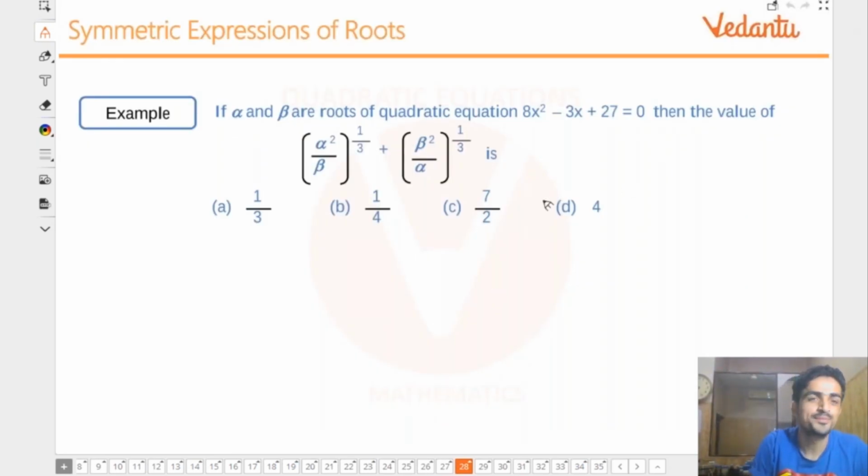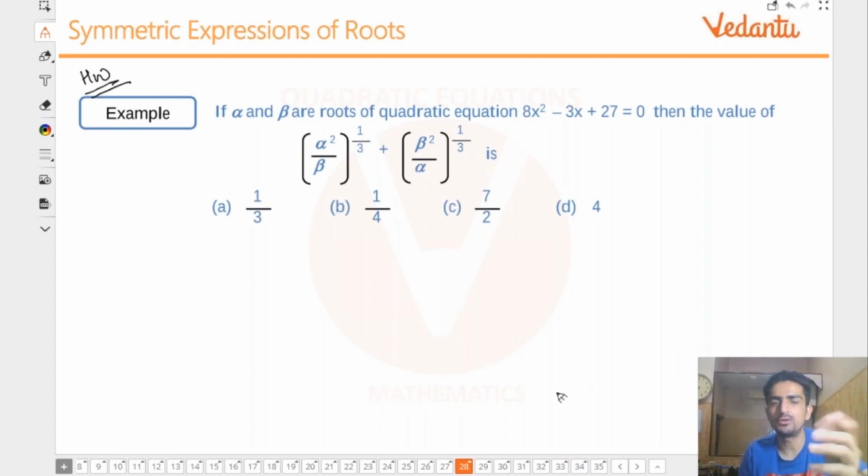Yes, Rajneesh. This is again the same kind of question, just the calculations are a bit more tough. So this is your homework. Take a screenshot. You just have to use sum and product and simplify and calculate the value.